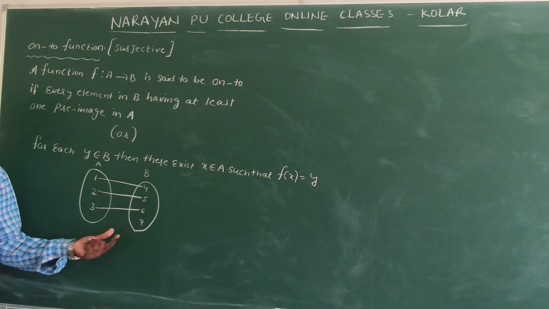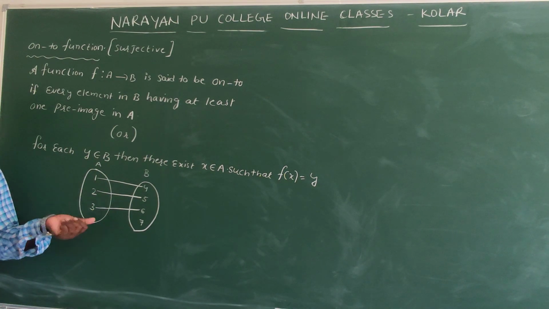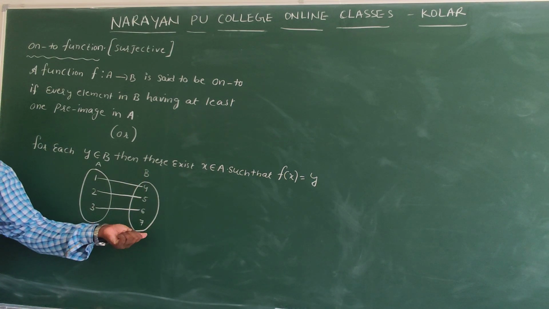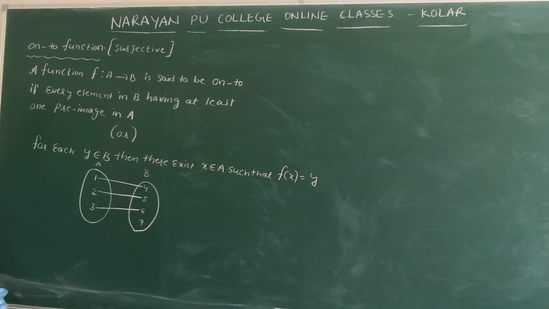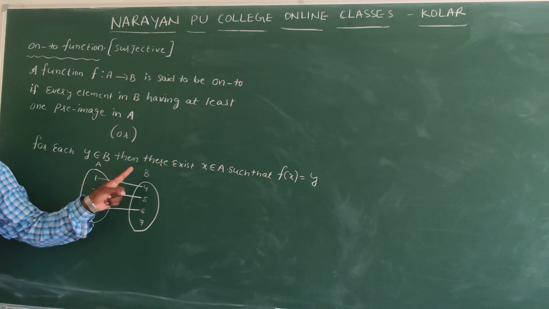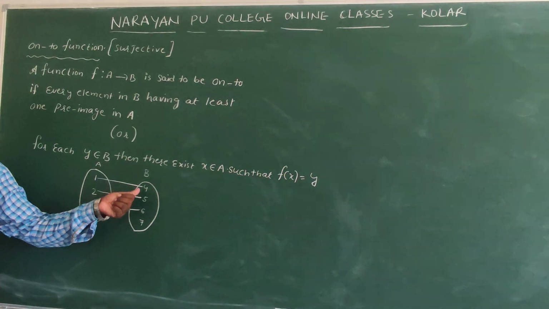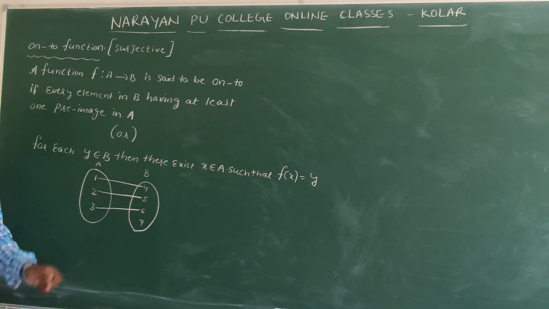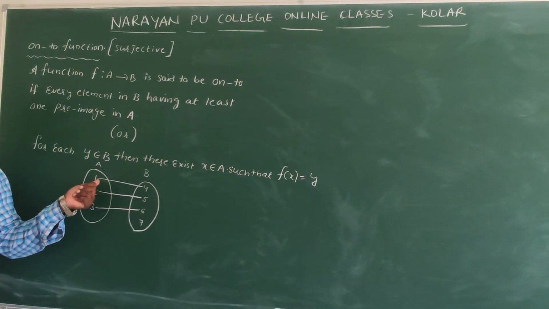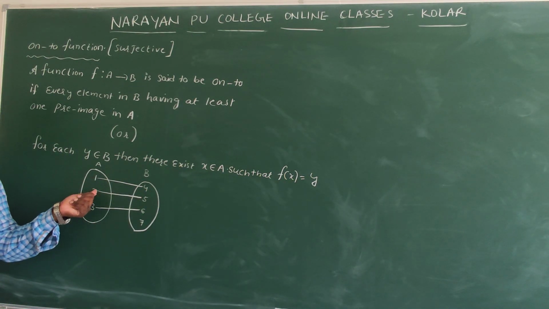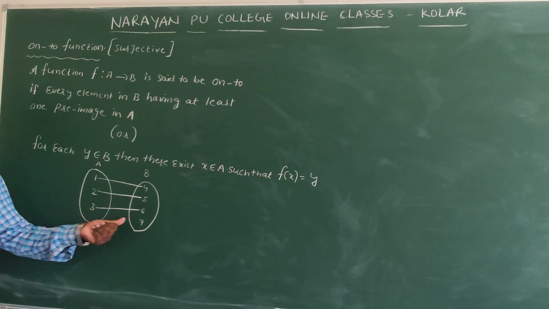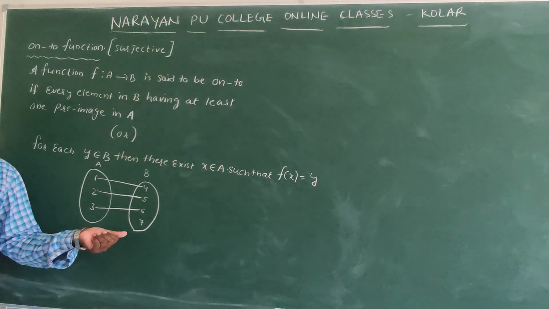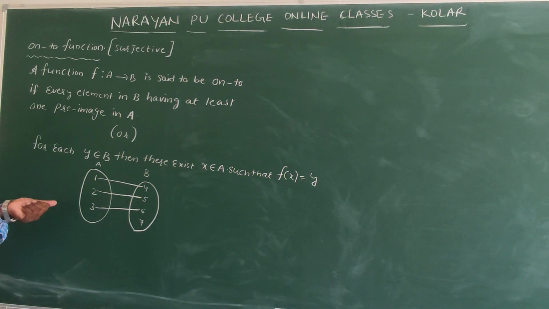You need to check whether this function is onto or not. This is not onto function. Why? Because every element in codomain must have at least one pre-image in the domain. So listen, 4 having pre-image, 5 having pre-image, 6 having pre-image, but 7 is not having pre-image. So this is not considered as onto function.